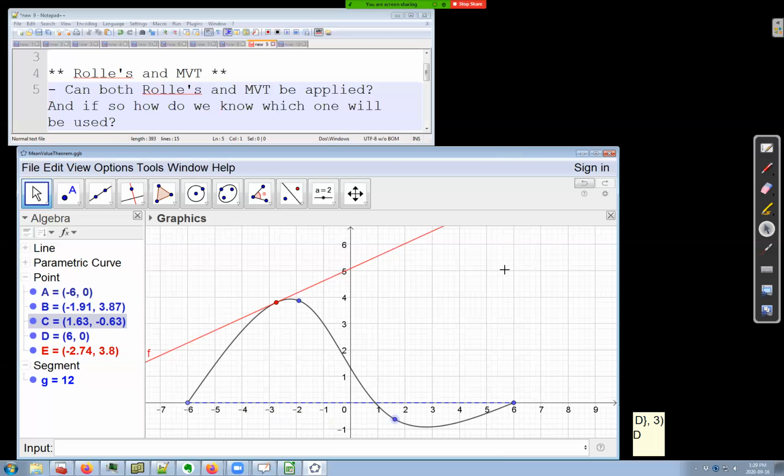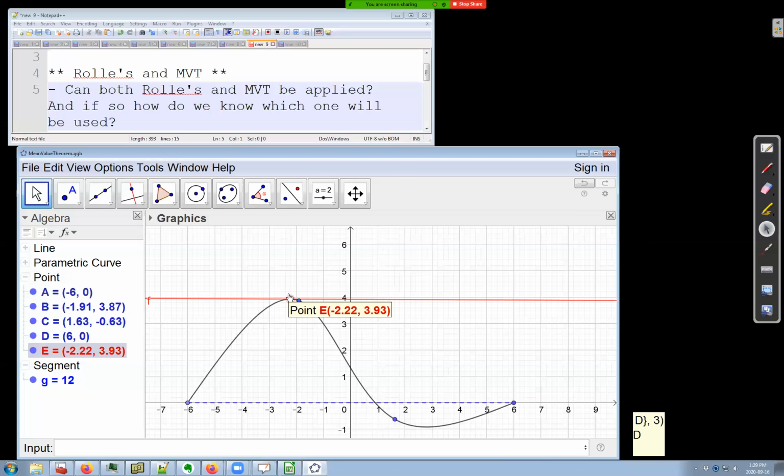But now let's think about what the mean value theorem would say. The mean value theorem would say that I can drag this red point so that the tangent line is parallel to the line connecting the endpoints. And sure enough, that's right. You can see that we can definitely do that.